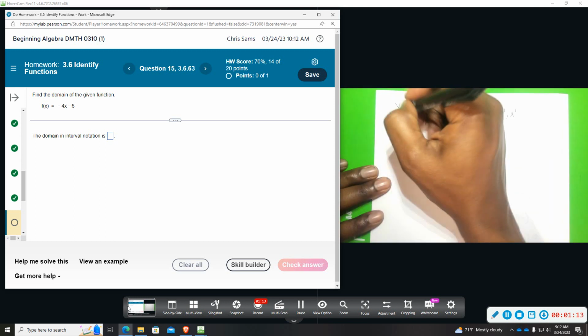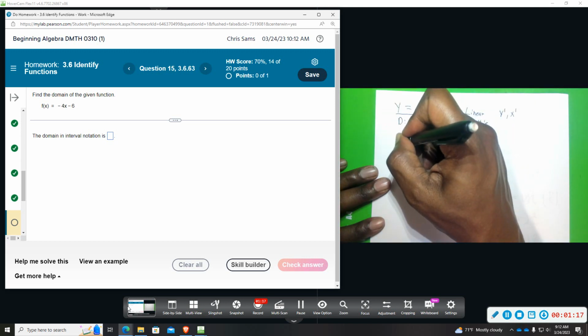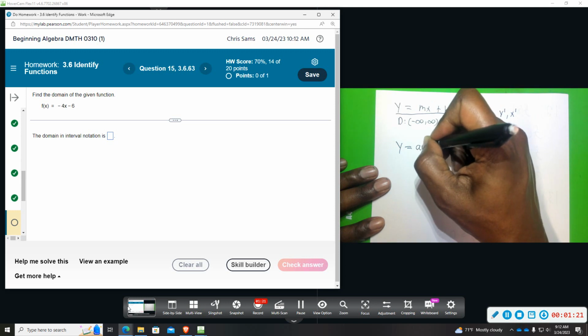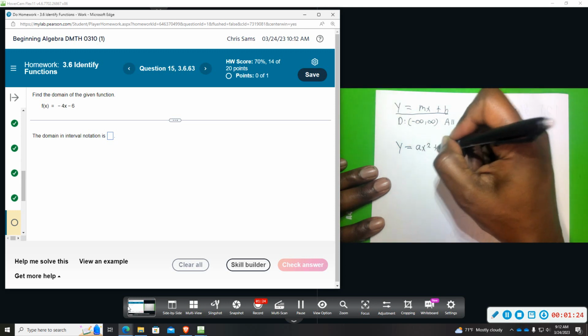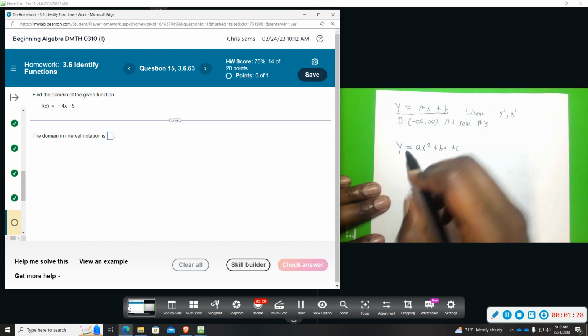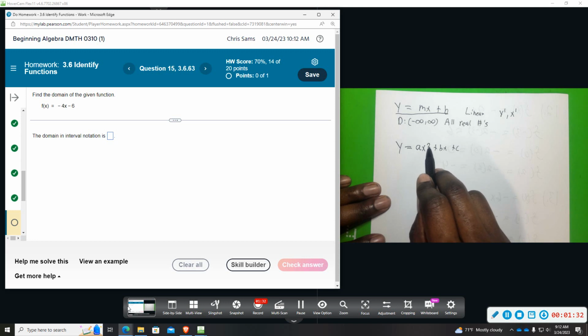Okay. The next probably common type of equation you'll see is quadratic. So y equals ax squared plus bx plus c. So something with x squared. So the biggest exponent on the x variable is going to be a 2.